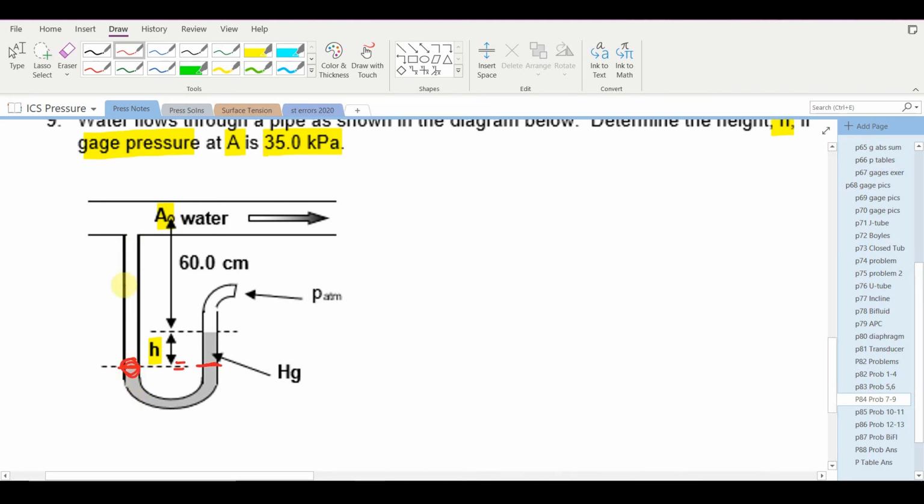Well, it's everything pushing down above it. So what is that? Well, it's the total pressure, absolute pressure at A, whatever is there is pushing down, plus 60 centimeters of water, plus h centimeters of water.